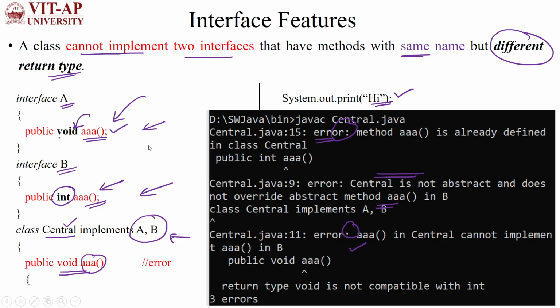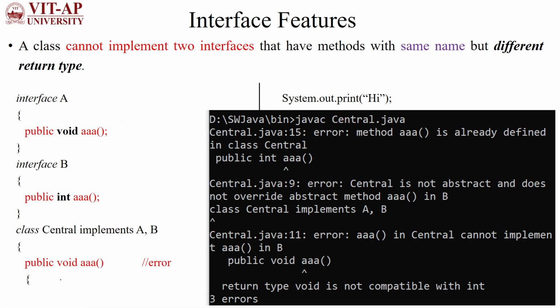So what will happen? It is throwing an error. The compiler is throwing the error that method tripleA is already defined in class Central1 with return type int tripleA.